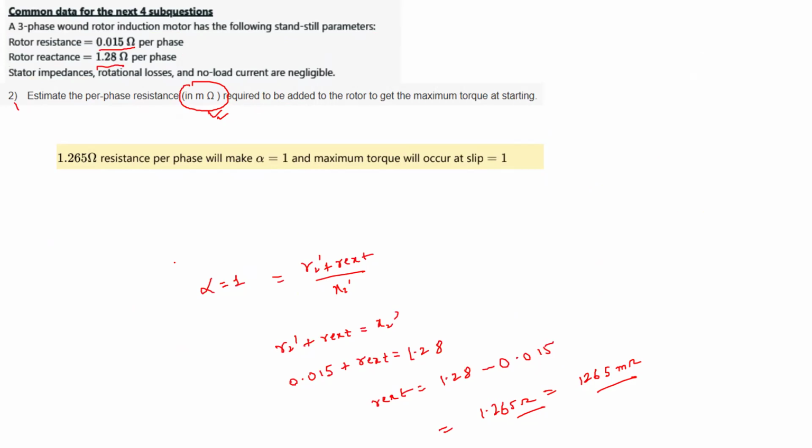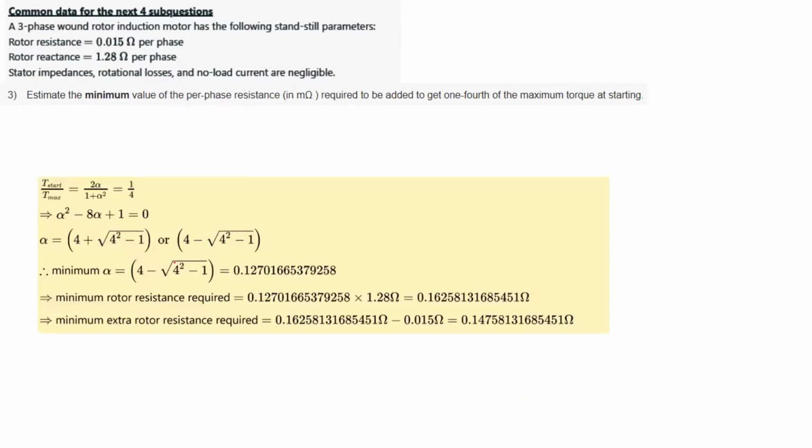Okay. Yes. So I'm going ahead. Now we have to estimate the minimum value of per phase resistance required to be added to get one-fourth of the maximum torque at starting. So we have to get T start as one-fourth of maximum torque.